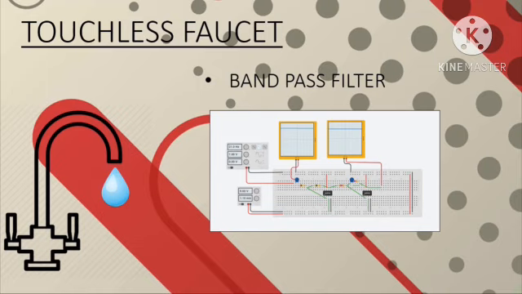Bandpass filters can be built with passive components such as resistors, capacitors, and inductors, or active components such as operational amplifiers to improve performance. The pictures show the bandpass filter RC that we made.